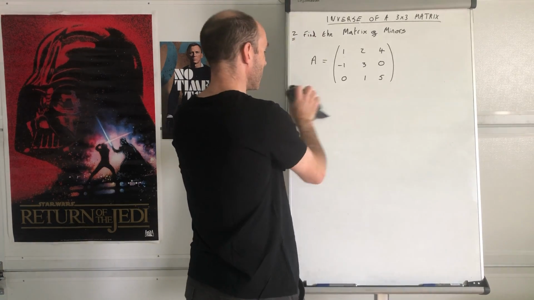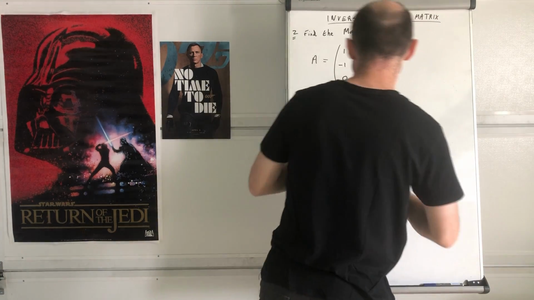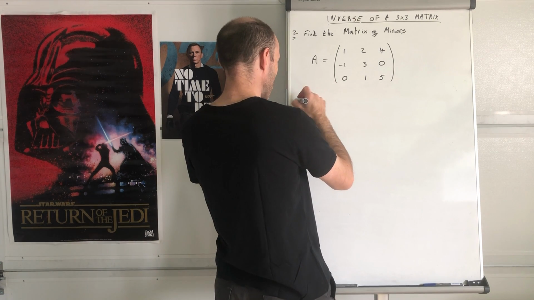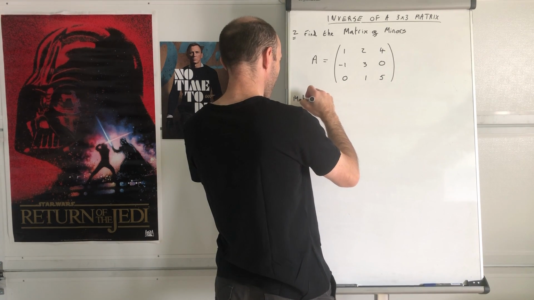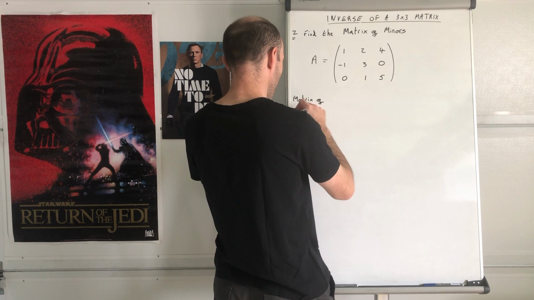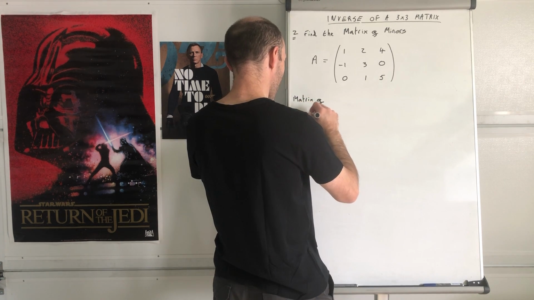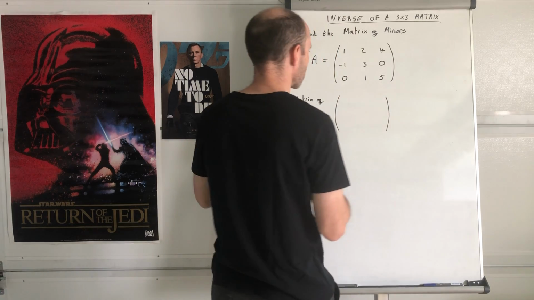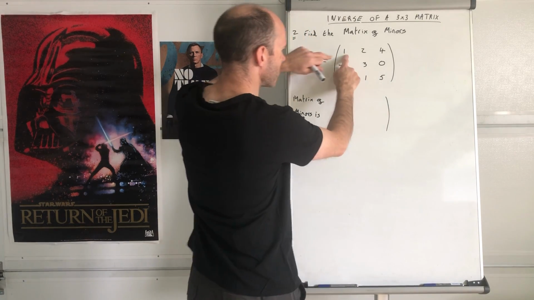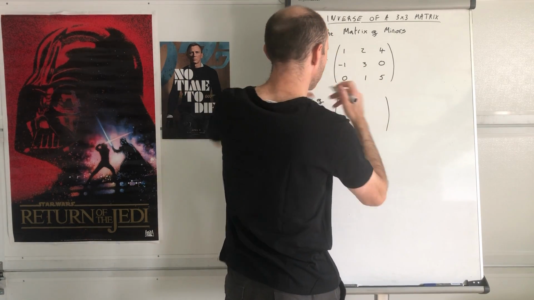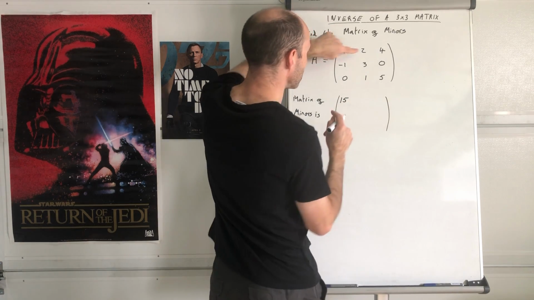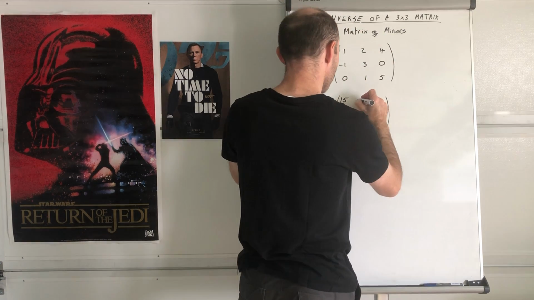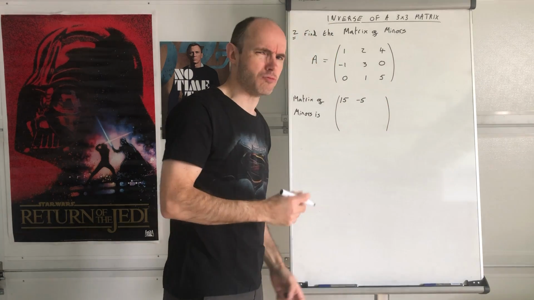So you've got matrix A as that. What we call the matrix of minors, we write it out as a matrix. What did I say that one was? 15. Yep, 15. Let's do that one. It's going to be -5, subtract 0. Remember, all the zeros are really nice, aren't they?